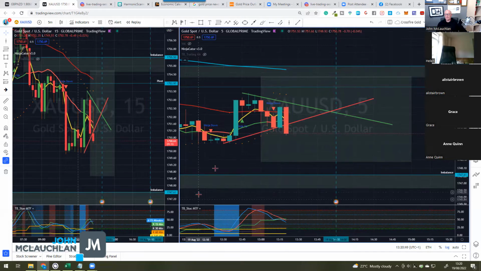So price is pushing down. We've got a ninja down. We've got the PSAR at the top, but we're still not really interested in getting into anything until we get a bit more positive price action.